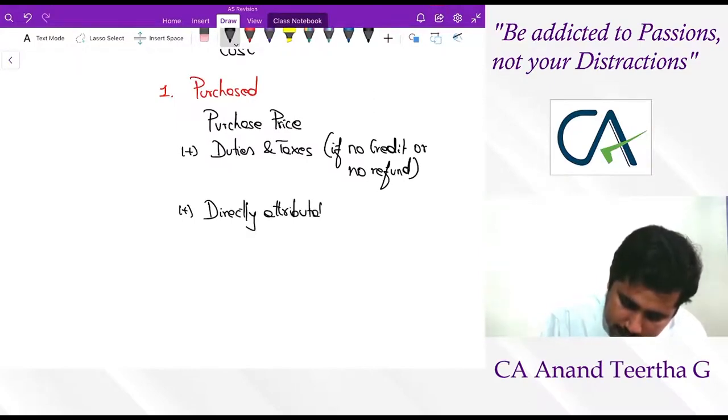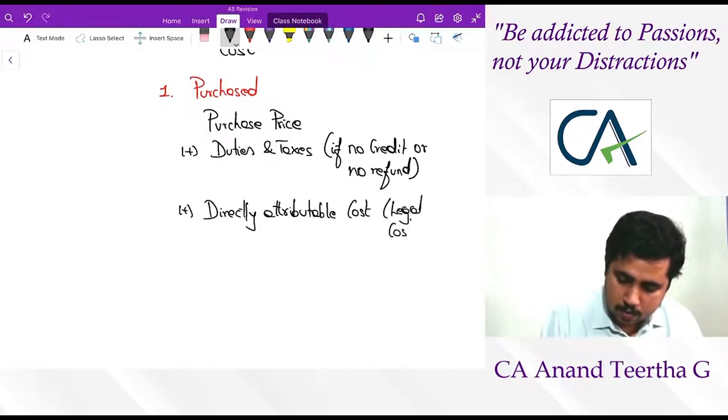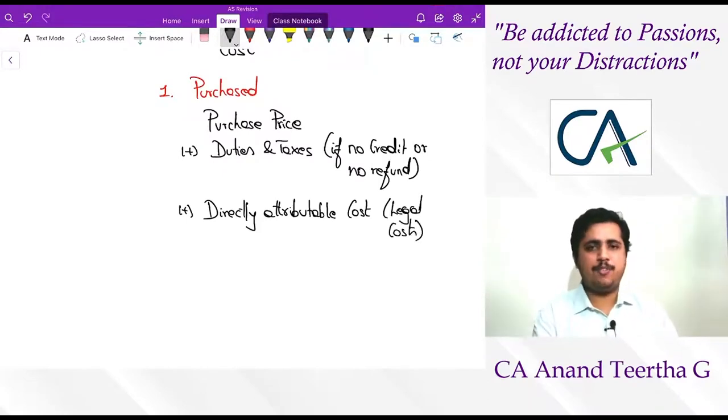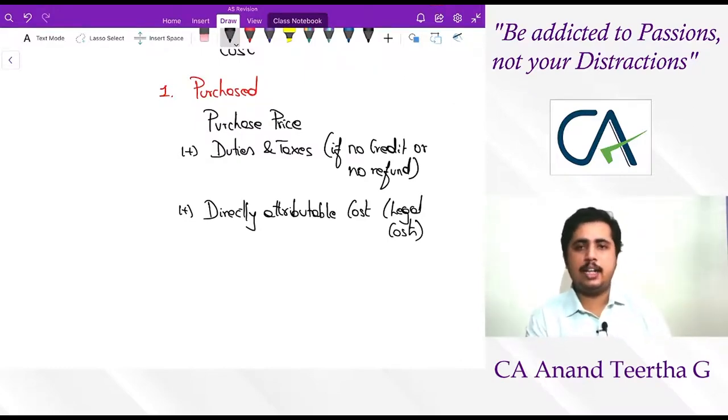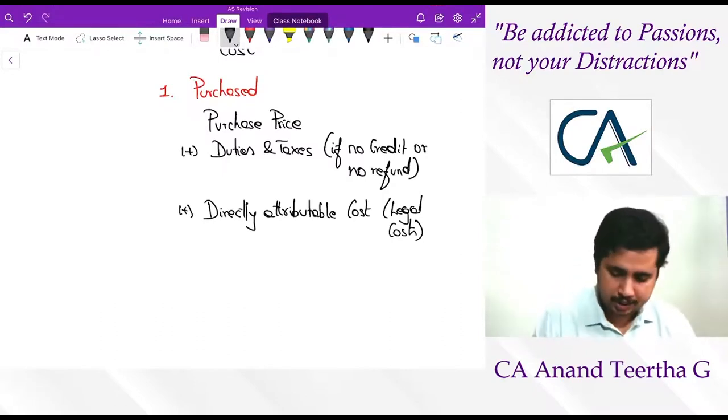Say for example, to acquire an intangible asset, you may incur certain legal cost. There are different other types of cost which you may incur to get the intangible asset. Those things are considered as directly attributable cost, and it is allowed for capitalization purpose.